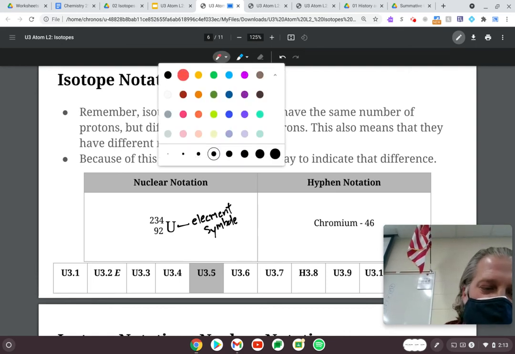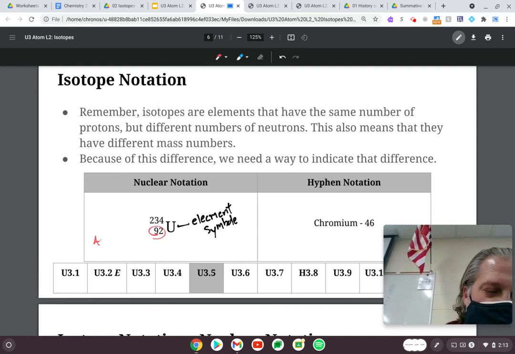We have the atomic number on the bottom, and we have the mass number on the top.